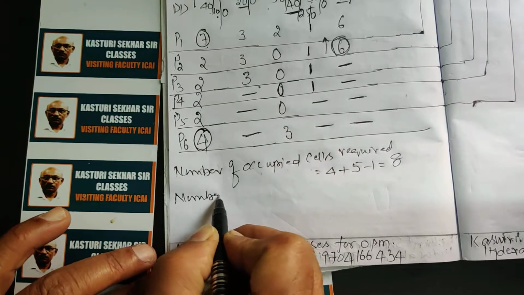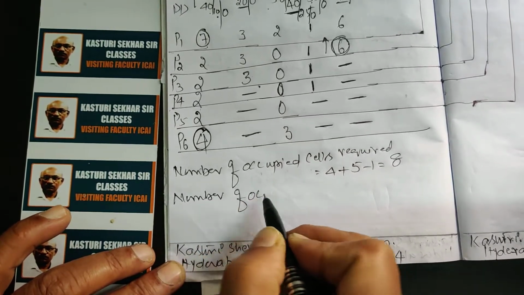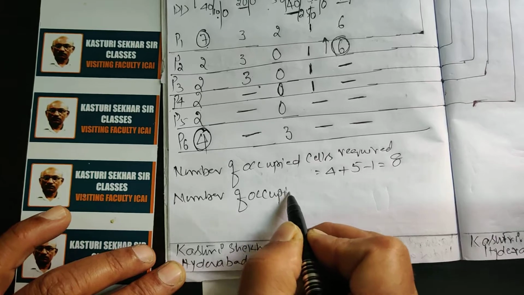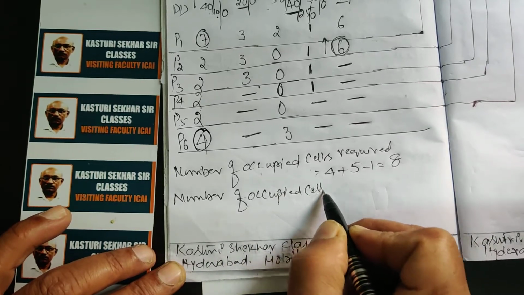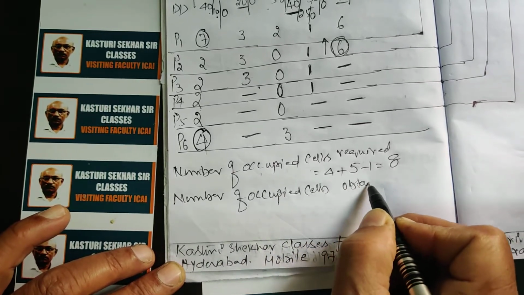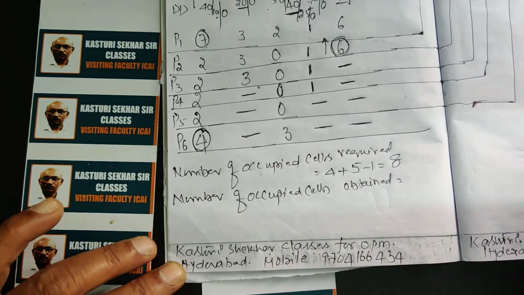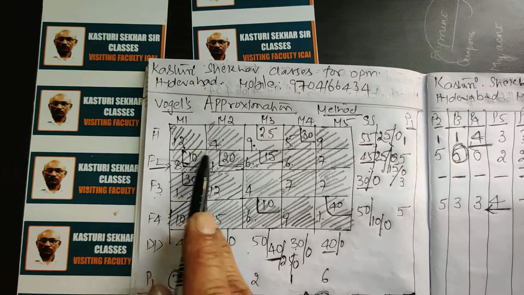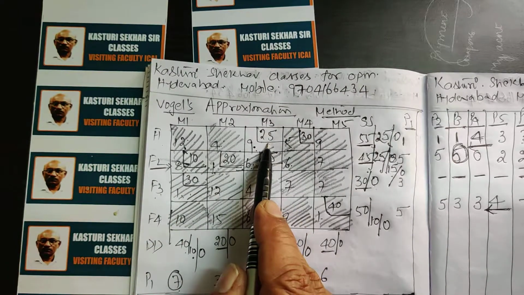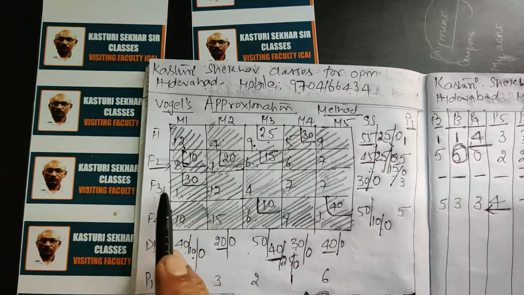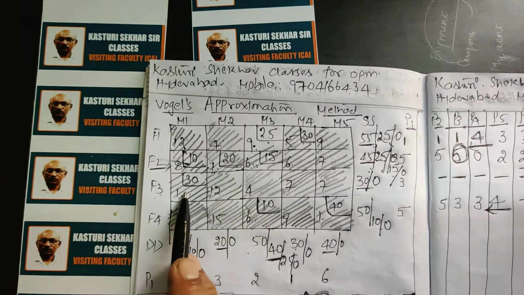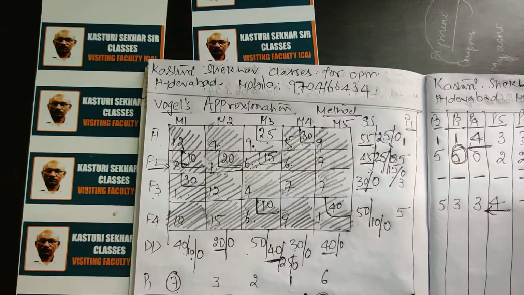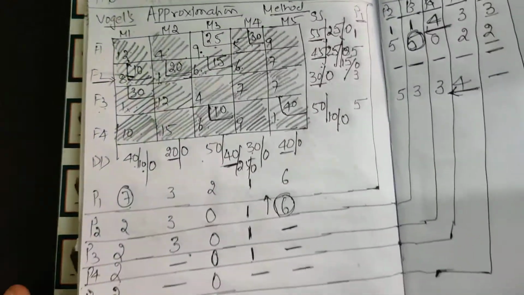Number of occupied cells obtained: verify, sir. Occupied cells 1, 2, 3, 4, 5, 6, 7, 8. The number of occupied cells obtained is 8.